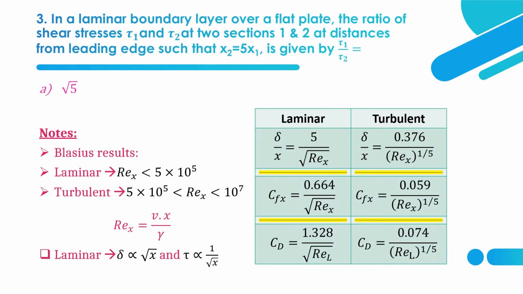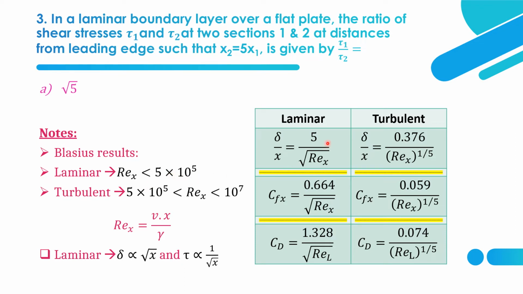This will be given on the basis of Blasius results. Here in this table you can clearly see for laminar boundary layer, these are the relations or formulas we have to follow, and in case of turbulent, these are the things we have to follow regarding Blasius results. A boundary layer or a flow over the flat plate will be called laminar when the Reynolds number at that section is less than 5 lakhs.